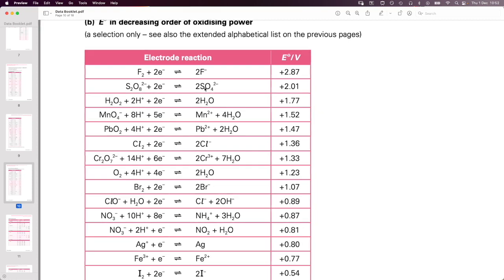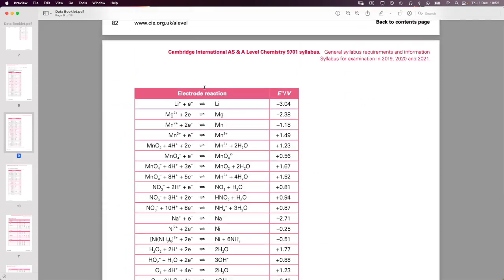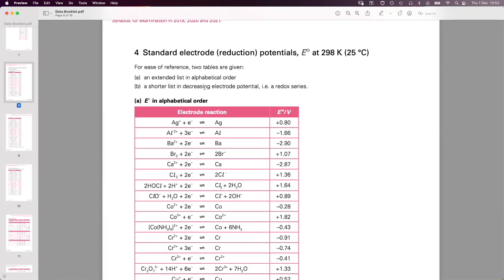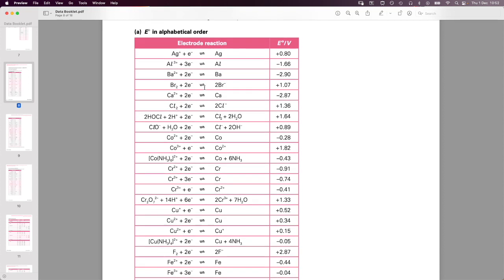Now, you're of course not going to be expected to memorize these reduction potentials. That would be an absolute exercise in futility. These have all been measured and tabulated. So, you know, you can get these in tables. You can look them up online, probably given to you in an exam question.